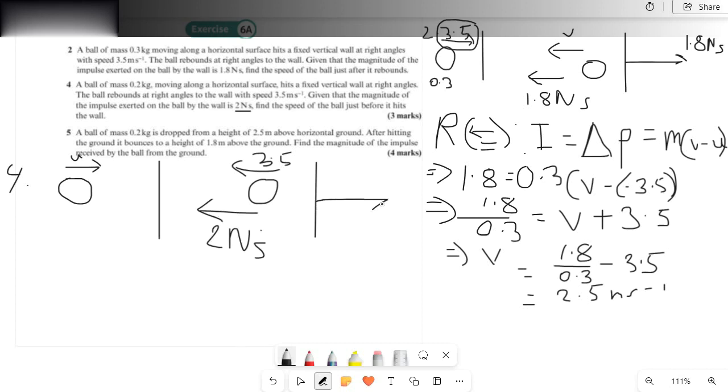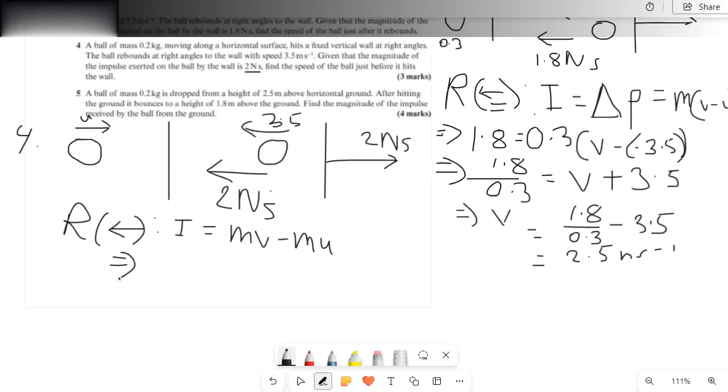And so the wall should also receive an impulse of 2 Newton seconds according to Newton's third law, and therefore resolving to the left, assuming that the left direction is positive, we can say that I equals delta P, which is mv minus mu.